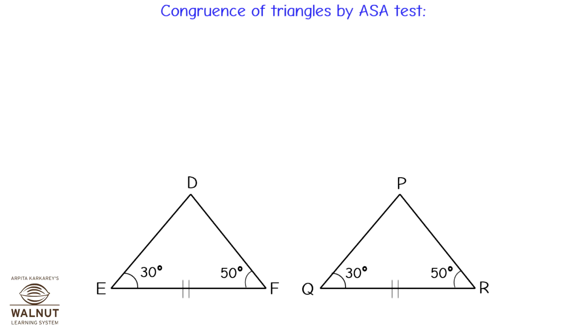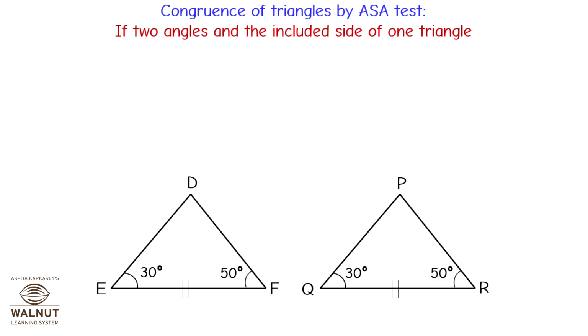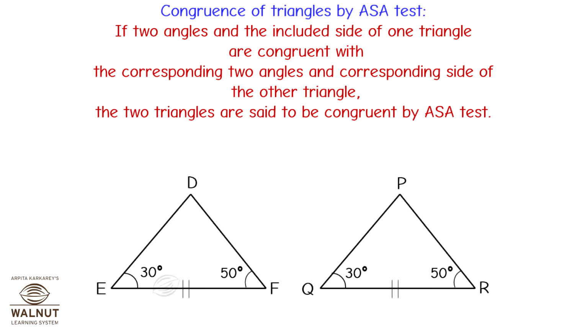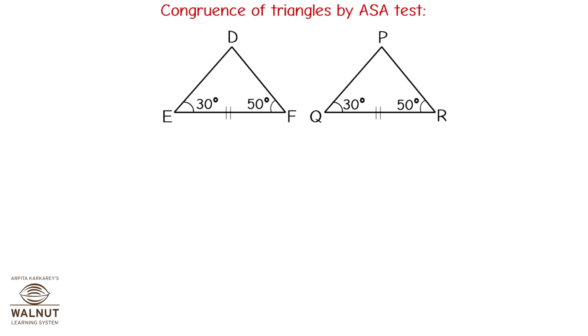Let's look at how this test is expressed in the mathematics way. Congruence of triangles by ASA test. If two angles and the included side of one triangle are congruent with the corresponding two angles and corresponding side of the other triangle, the two triangles are said to be congruent by ASA test. Triangle DEF is congruent to triangle PQR.